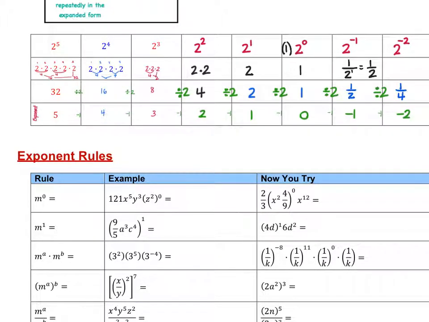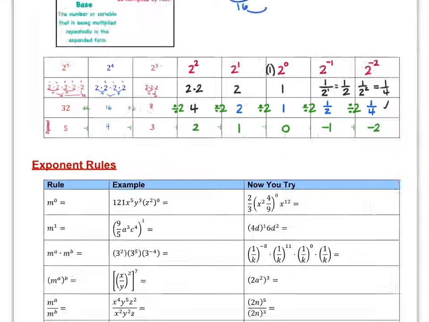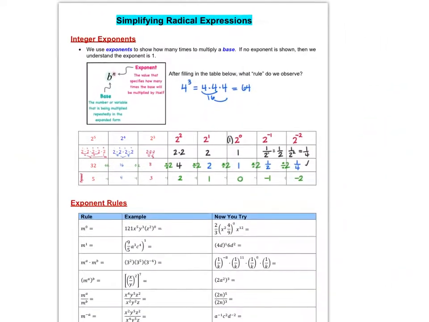Okay, and last of all, when we have 2 to the -2 power, that really means that 2 needs to be in the denominator, and it's 1 over 2 squared, or 1/4, which of course is what we got a little while ago. So this is a little bit of a review of integer exponents.